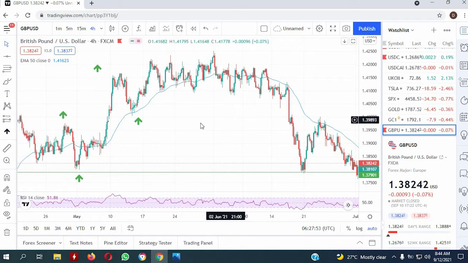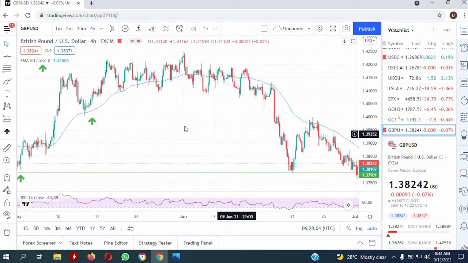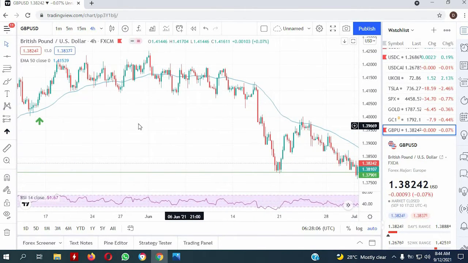I'm not finding the one that I want, the one that you would normally draw on the chart. But no need to concern yourself with that right now. Our strategy doesn't require any form of indicators or oscillator.